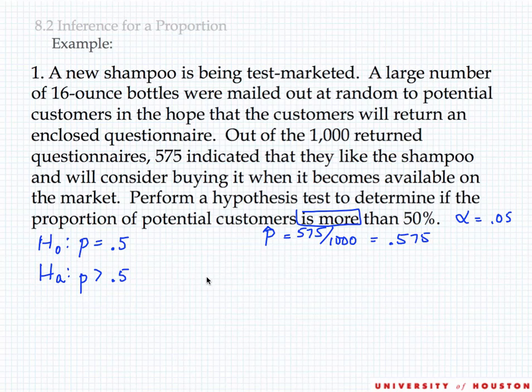Let's draw our rejection region. Draw a normal curve. We will shade the right tail since it's a greater than. Alpha equals 0.05 means the shaded area is 0.05.